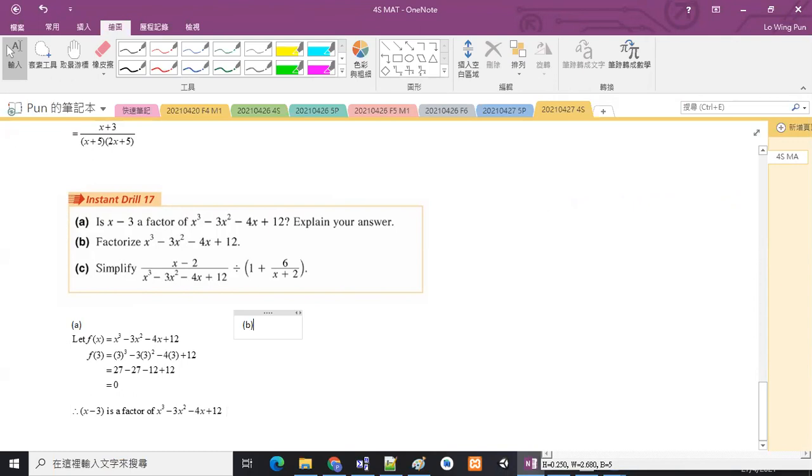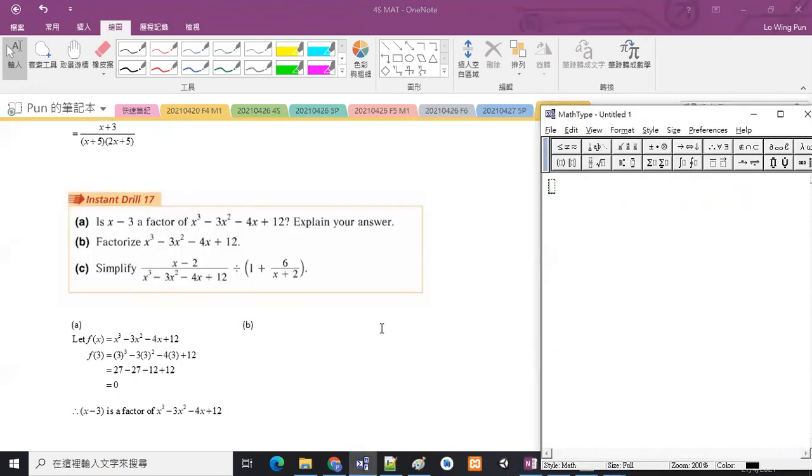Is that okay? And then in part B, because we have already found the first factor of x cubed minus 3x squared minus 4x plus 12, we know that the first factor is x minus 3, and then we can use long division to find the other factor, the long bracket.